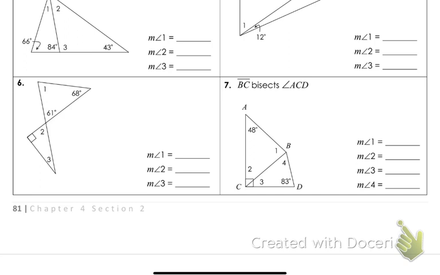It is vertical angles. You need to start seeing vertical angles. We talk about it all the time. We have vertical angles between that 61 degrees and that 2. So 2 has to be 61 degrees. I would do that before I do anything else. I'm going to look for vertical angles and certain things. That is just me asking, do you know what vertical angles are? Without me asking.